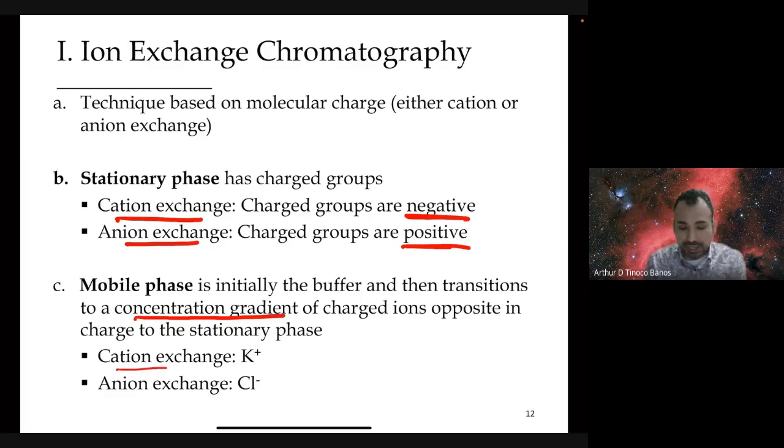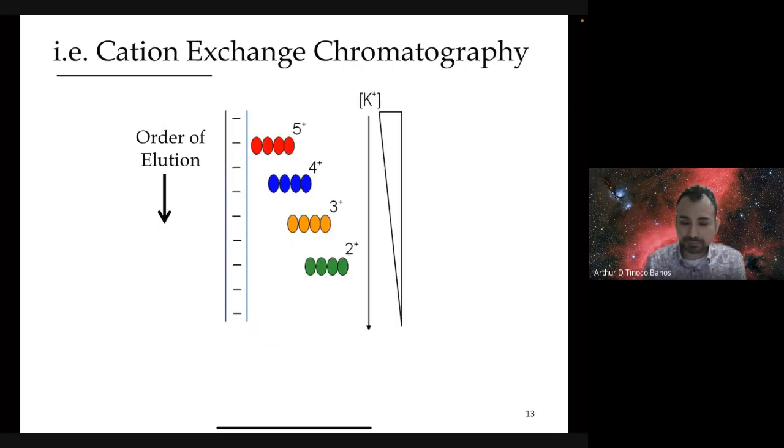So if you're doing cation exchange, you want to take advantage of potassium to outcompete the cationic species that are bound to your stationary phase. If you want to do anion exchange, you want to use chloride in order to outcompete the negatively charged species.